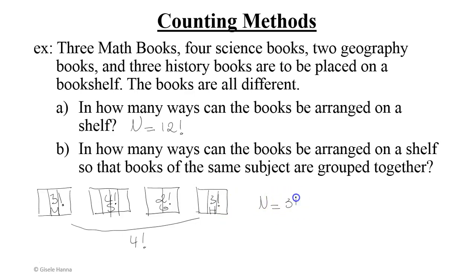So that would be 3 factorial times 4 factorial times 2 factorial times 3 factorial multiplied by 4 factorial, which is the number of ways I could arrange the 4 main blocks. Of course, you could evaluate this on your calculator to determine the total number of arrangements available.